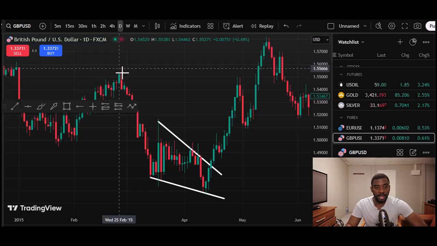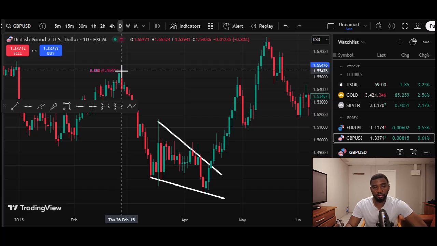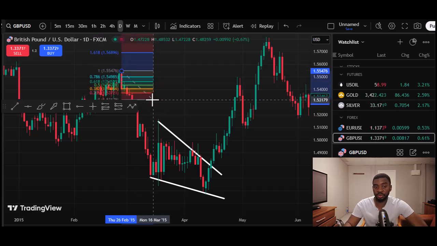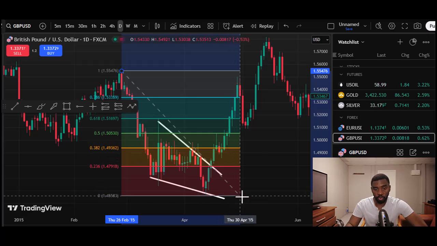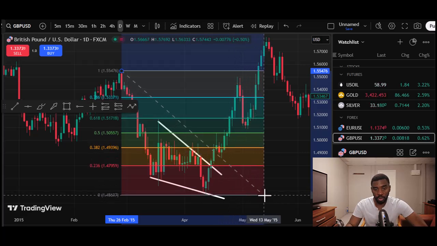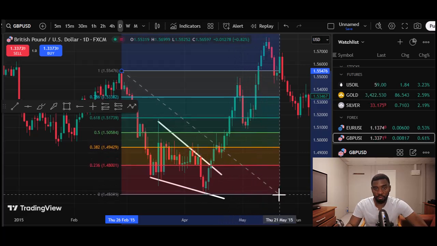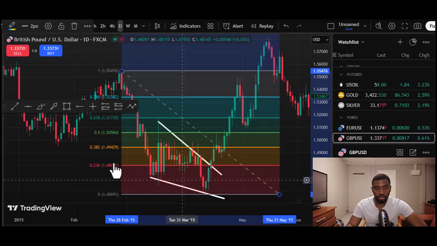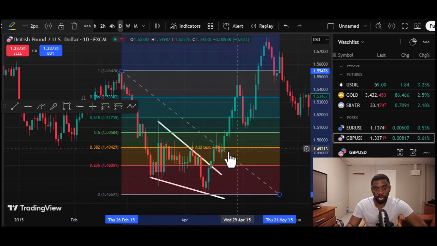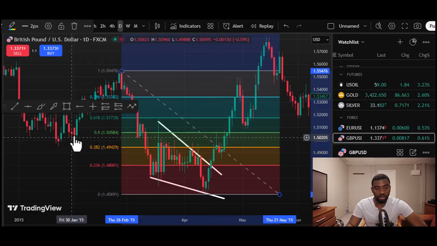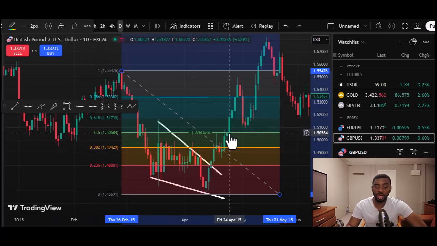Like I said, how do we take profit in a bearish situation? You measure from the swing high using Fibonacci retracement to the swing low, and your first TP should be at the 38.2 Fibonacci level. The second TP should be at the 50% Fibonacci level.